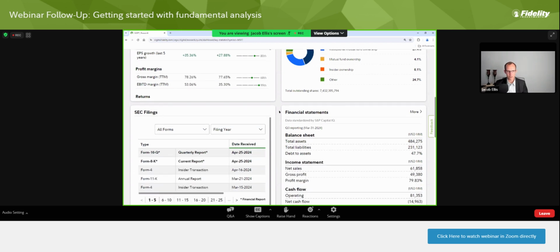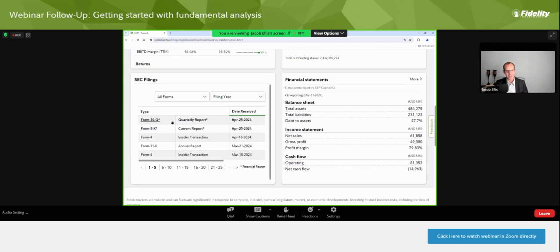If we scroll down a little further, we can find those actual SEC filings in detail, a link directly to that report with the SEC. The Form 10Q is the one that we focused on, even though we didn't use that name yesterday. This is the quarterly report that comes out every 90 days from every publicly traded company telling us the status of their business.